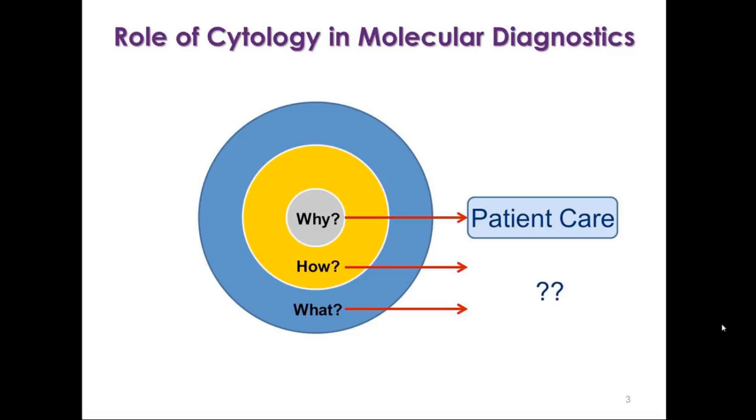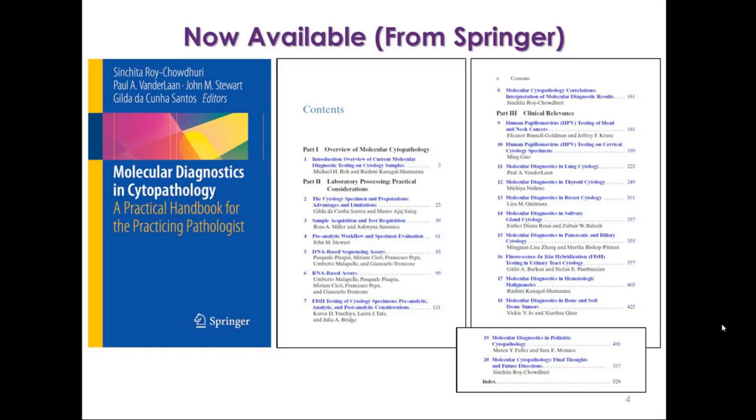And for that, I do want to bring up, this is like a shout out for the book that we recently published from Springer. My co-editors, Paul Vanderland, John Stewart, and Gilda Conasantos. And this is a practical handbook, organ-based, that walks you through the molecular diagnostics that are primarily used in cytology.